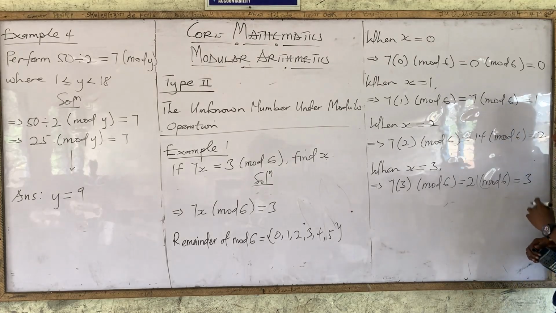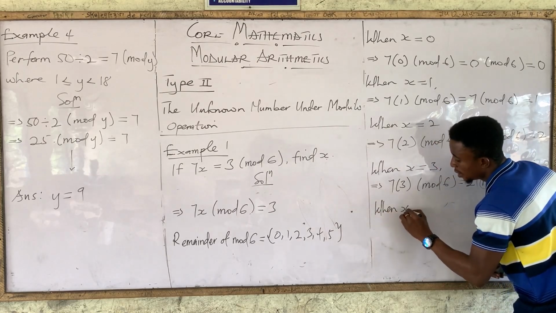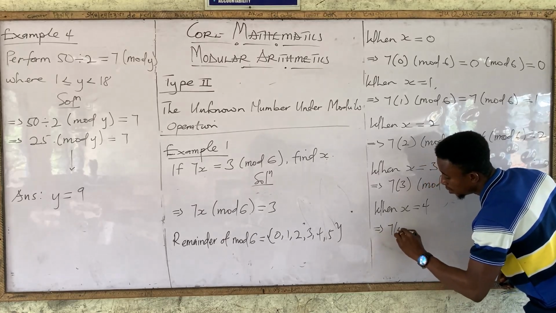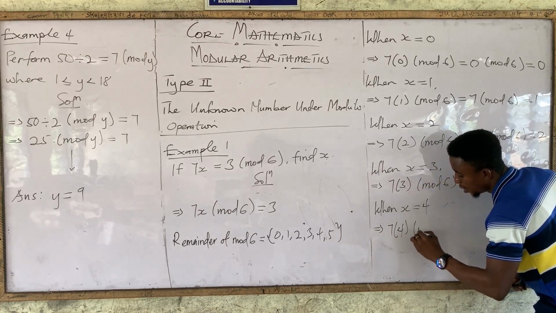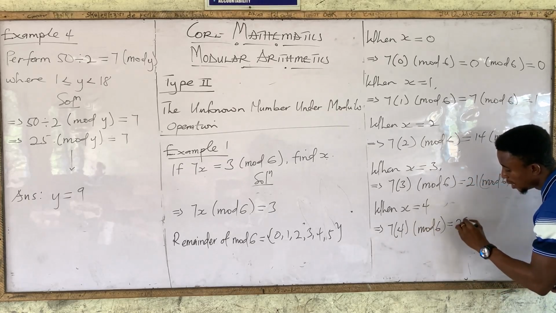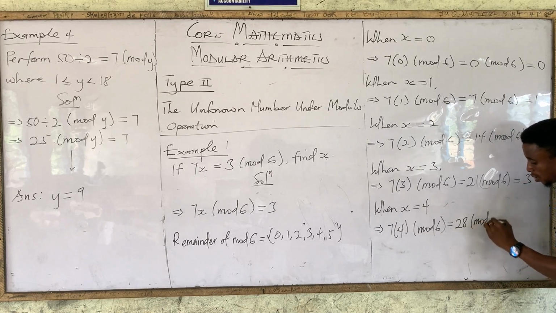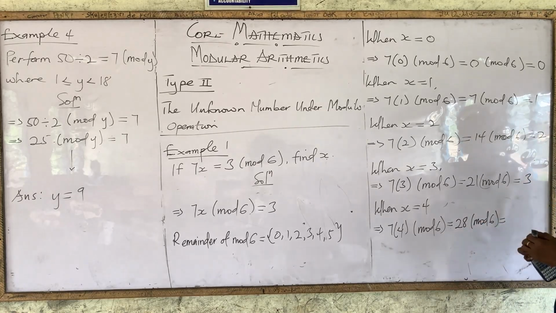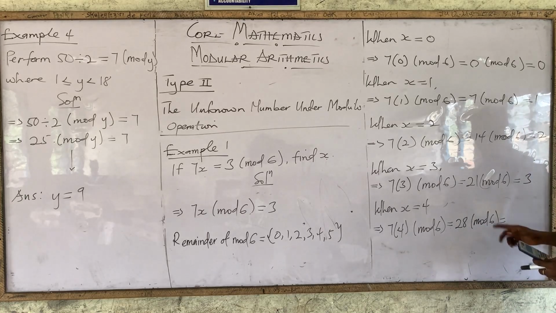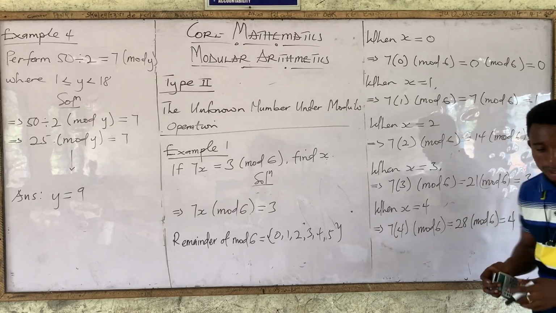Then when x is equal to 4, this implies that we will have 7 into bracket 4 mod 6, which is equal to 7 times 4, 28 in mod 6. 6 times 4 is 24, so this one is getting us 4. Okay.